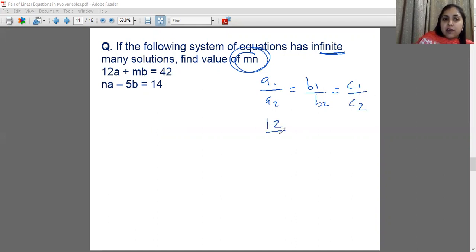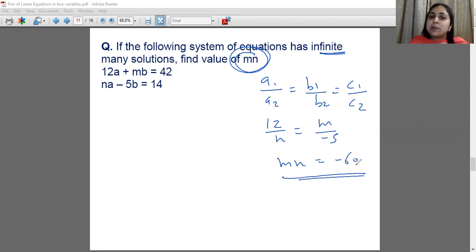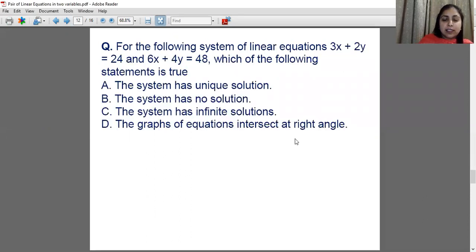So we have 12 upon n is equal to m upon minus 5. I need only this section. So cross multiplying, we get value of m into n is minus 60. So you can get these types of questions also in the paper, right? Got it? Let's move further.